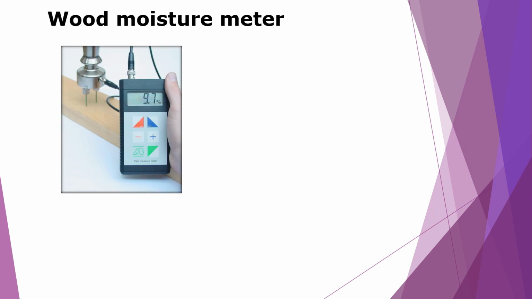So this was the presentation for today. You might be wondering how moisture content is checked in the timber. So as you can see in this picture, normally we have a moisture meter, which is kind of a probe that you stick into the wood, or you insert it into the wood, and that instantly tells you how much moisture content is there.